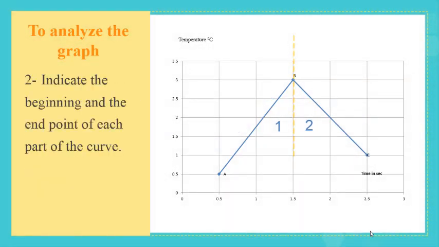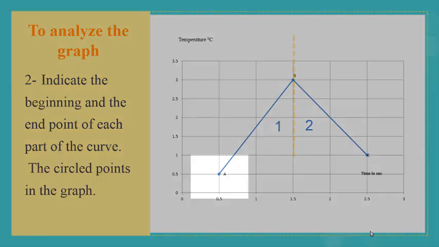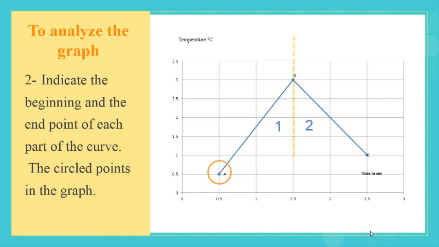Step 2. Indicate the beginning and the end point of each part of the curve. We explained before that the beginning point is the point where the graph starts. So in this graph, what is the start point? The start point is A. Do we have a maximum or minimum point in this graph?